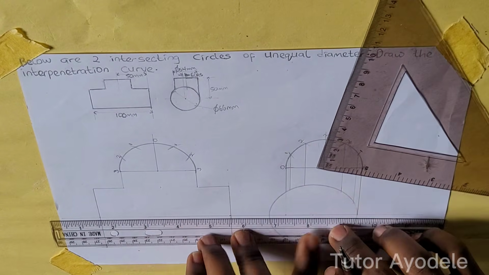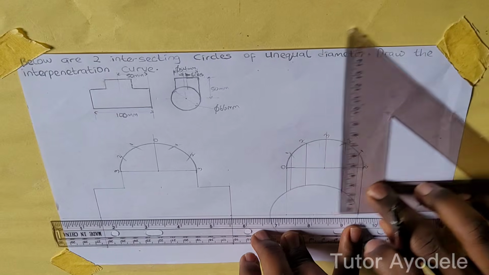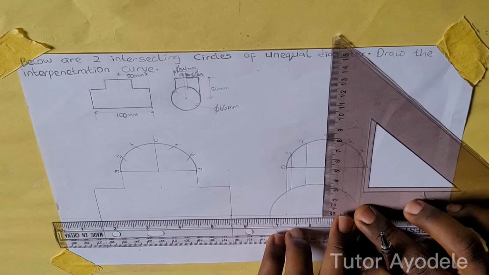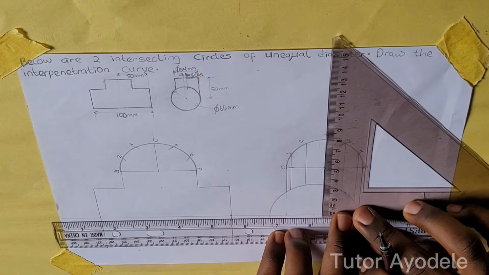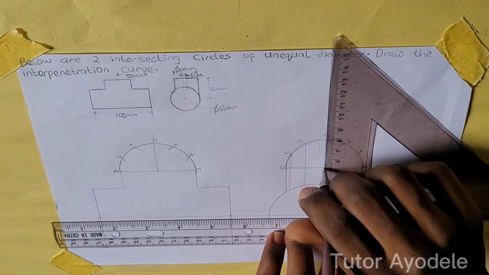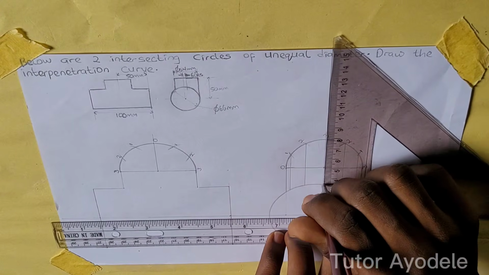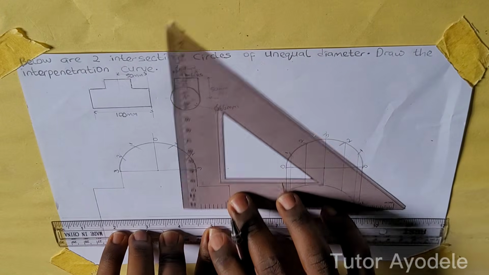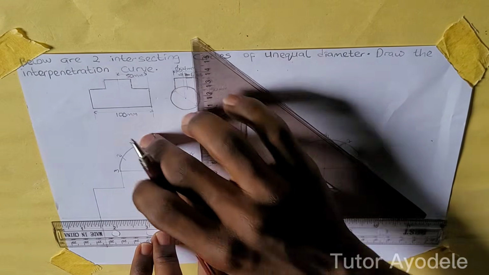So, okay, let me also extend this middle line to touch the circle. Then also on this side, I'm going to draw these lines down.